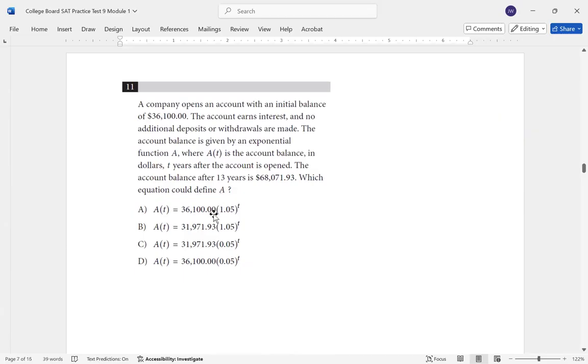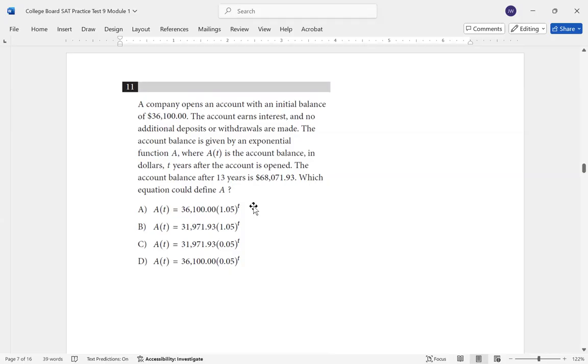Question 11. A company opens an account with an initial balance of $36,100. The account earns interest and no additional deposits or withdrawals are made. The account balance is given by an exponential function A, where A of t is the account balance in dollars, t years after the account is opened.